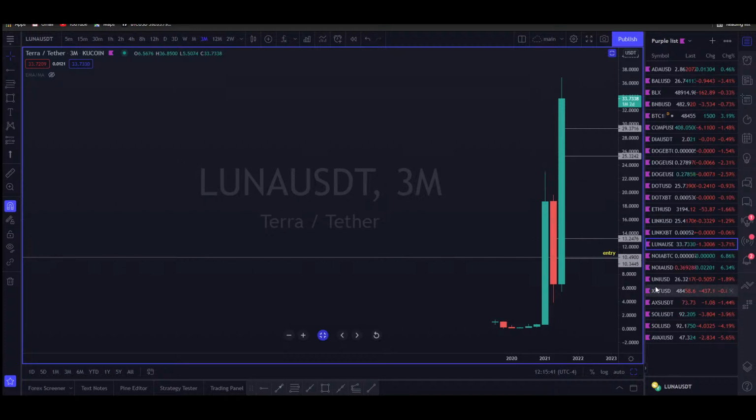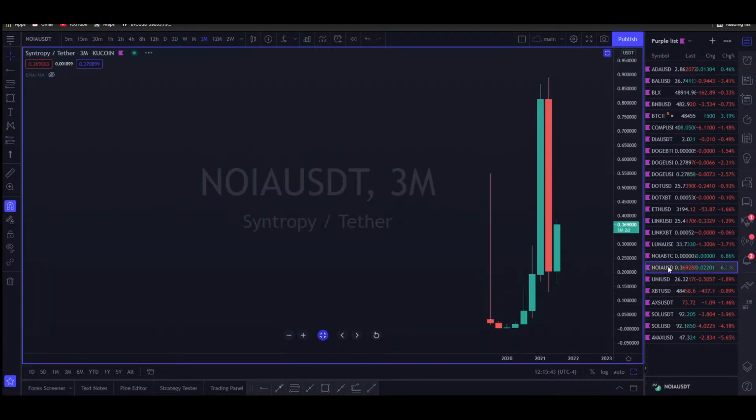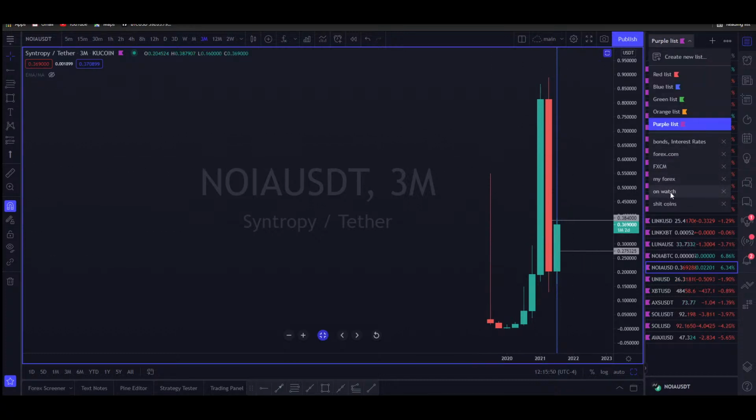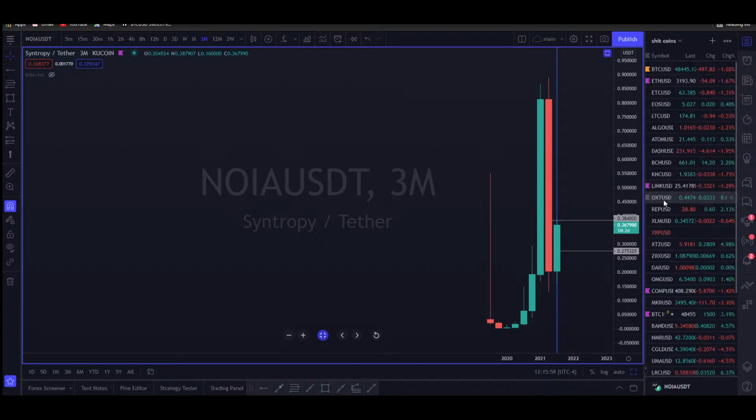Luna, very green on the quarter. NOIA USDT, green on the quarter. And the list goes on and on. But there will be shorting opportunities soon, more than likely. That's just my opinion and my speculation. I have no clue. I cannot predict the markets.